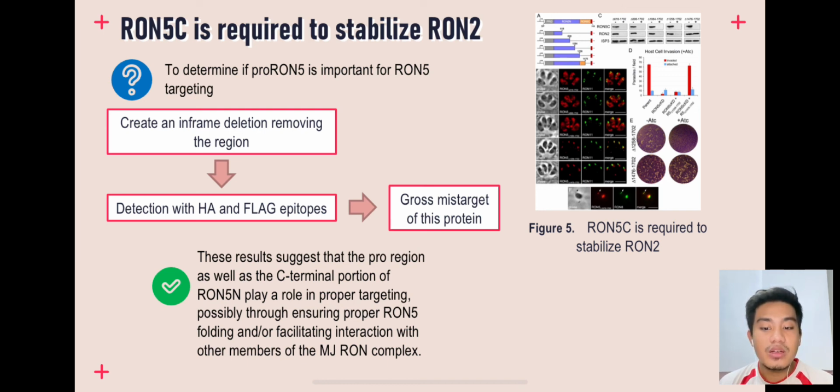C-terminal truncation analysis reveals that pro-RON5 is insufficient. These findings show that the pro-region and C-terminal portion of RON5N play a role in appropriate targeting, potentially by guaranteeing appropriate RON5 folding and/or enabling interaction with other MJ-RON complex members.